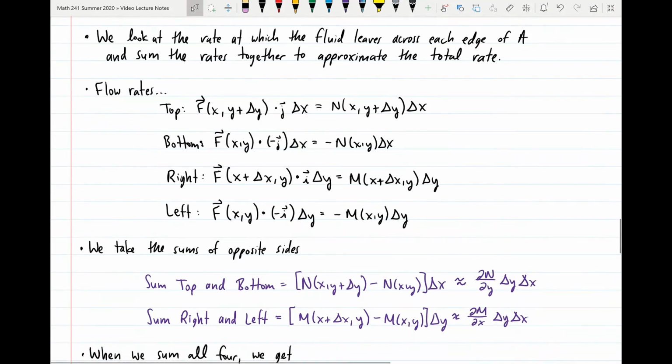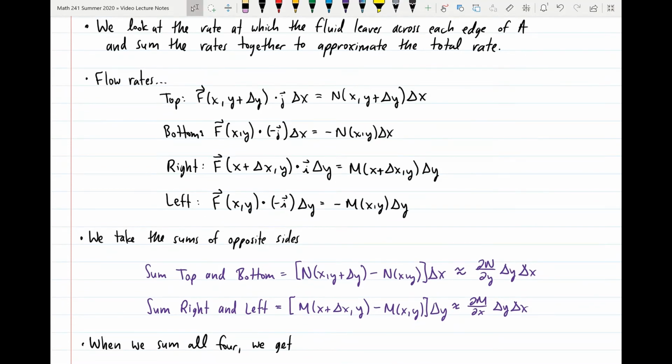And again, the reasoning for this is very similar. So if you want to, you could even look at the notes that I've posted on Blackboard and just verify that this expression makes sense to you. And then for the left side, we have f of (x, y) dot minus i times delta y, which is equal to minus m of (x, y) times delta y.